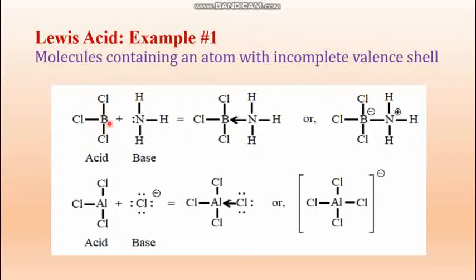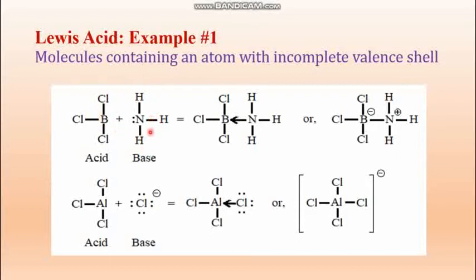Actually, boron is the owner of 3 electrons, and from 3 bond pairs it has 3 more, so 6 valence electrons. So it is deficient of 2 valence electrons to complete its octet. So it has an empty orbital, and this orbital is ready to accept the electrons.